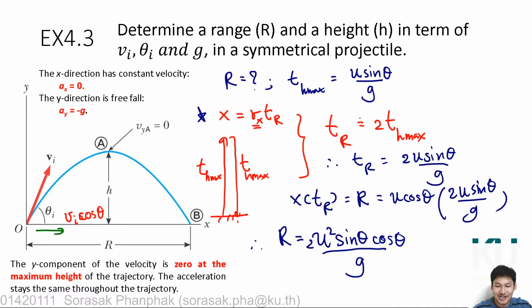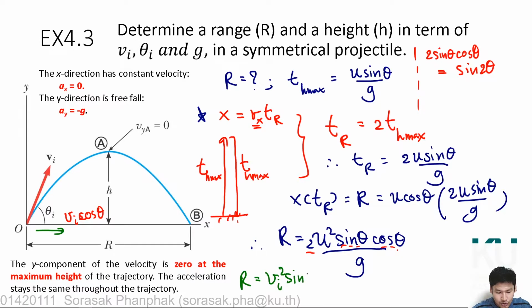With this relation, 2 sine theta cos theta from trigonometry, right? 2 sine theta cos theta is equal to sine 2 theta. Here, we resub to get u squared sine 2 theta over g. This is your range in meters.